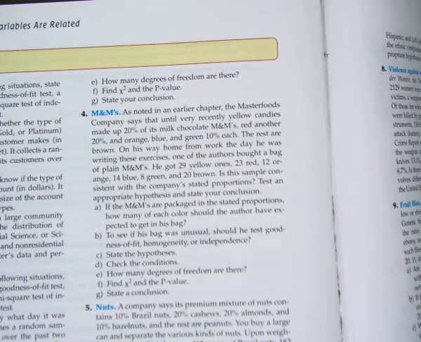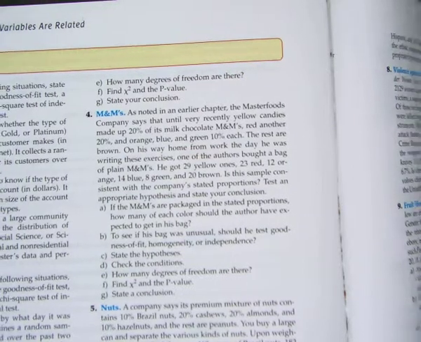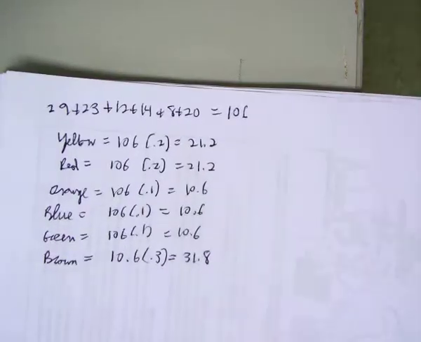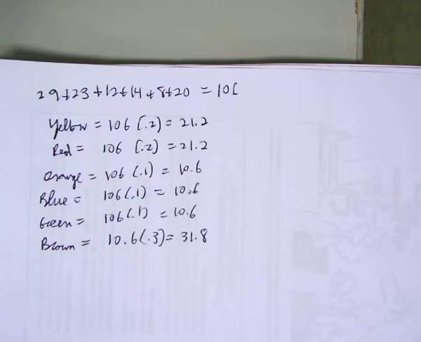Alright, so problem 4 here is about the distribution of M&Ms, and we basically have yellow, red, orange, blue, green, and brown M&Ms. Okay? So basically they go through a series of questions. The first question is, how many do we expect to get in each in this bag of M&Ms?